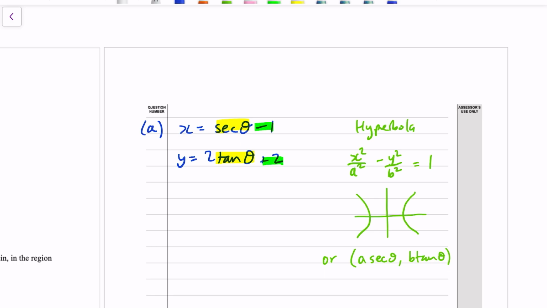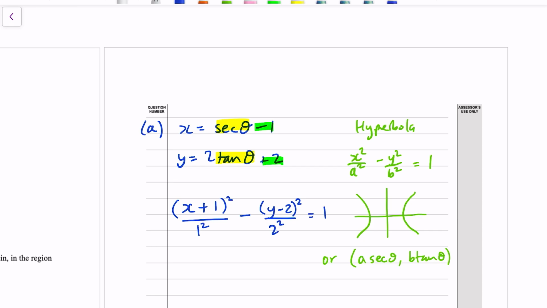So our Cartesian equation for this is going to be x plus 1 all squared over a squared, where a is 1. I'll just put 1 squared so that we can see the link, minus y minus 2 all squared divided by b squared, and b is 2, so 2 squared, equals 1.